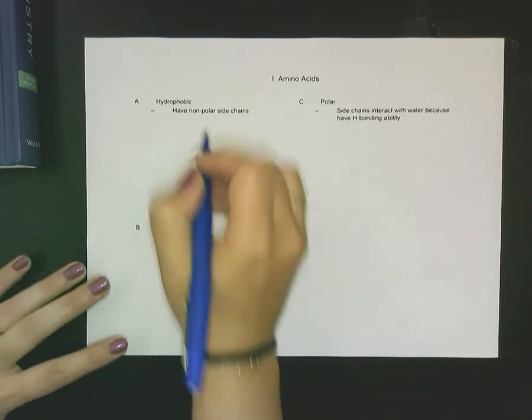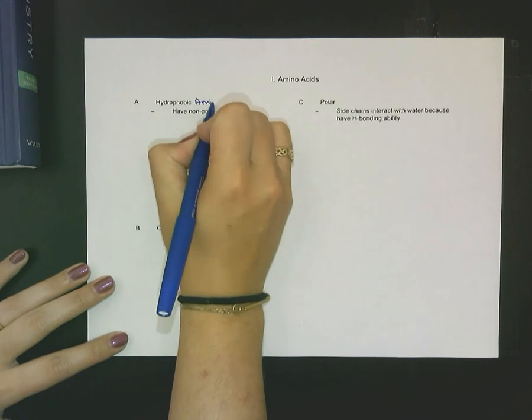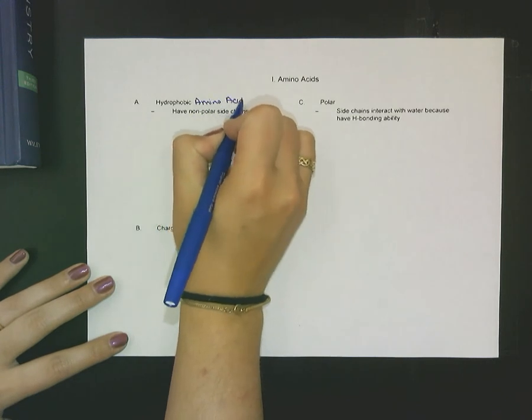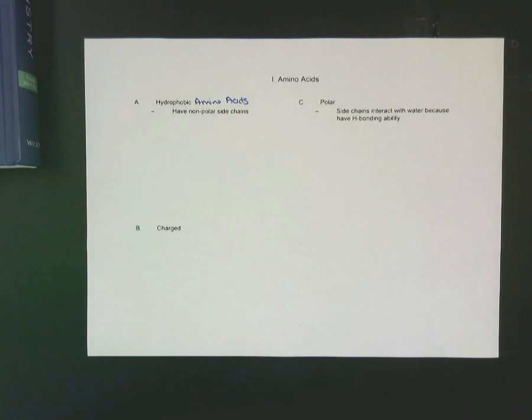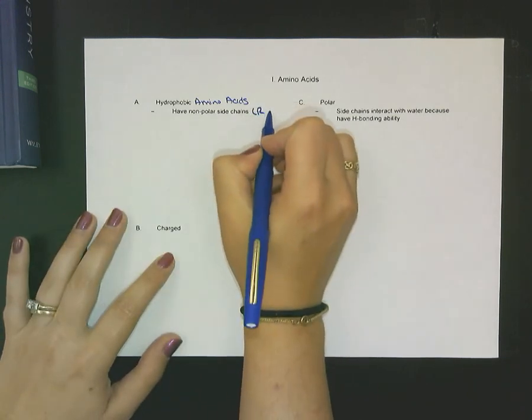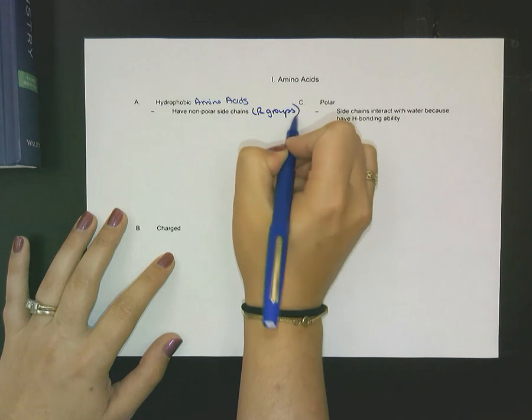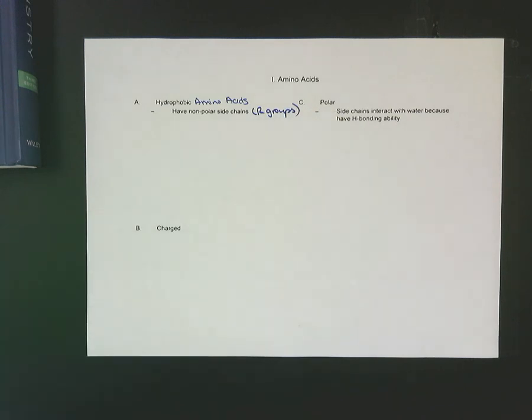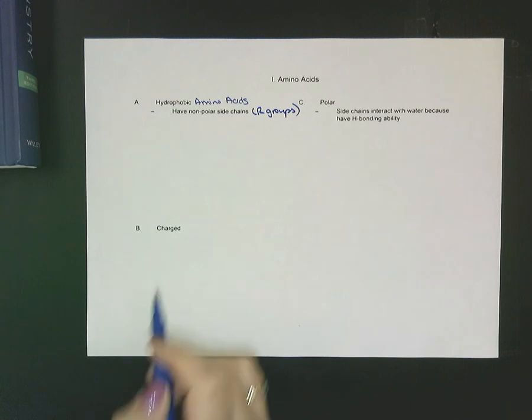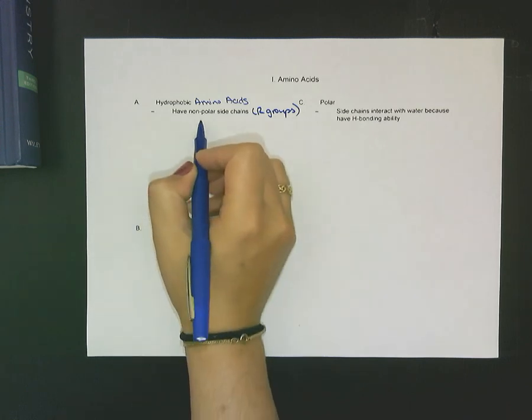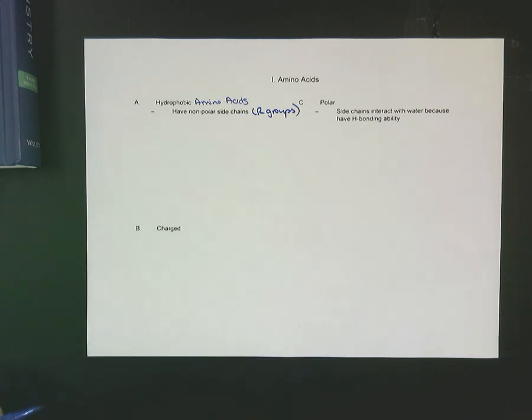All right, so hydrophobic amino acids have non-polar side chains, or R groups. If they are non-polar R groups, how do those R groups interact with water? Strongly or weakly? Weakly, mm-hmm.